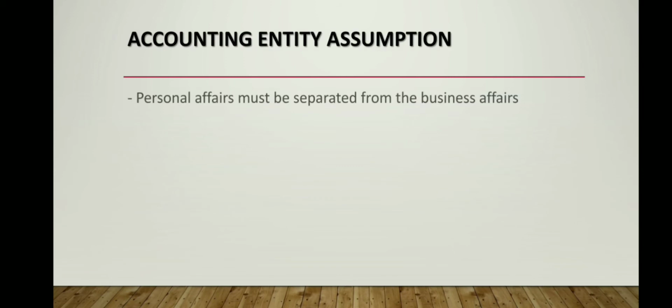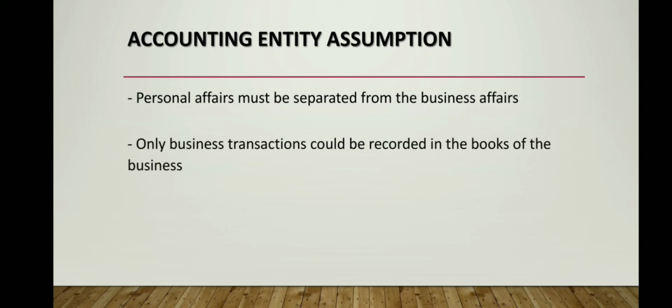It is now owned by X Grooves. So there must be a clear distinction between personal affairs and business transactions, because only business transactions could be recorded in the books of the business.